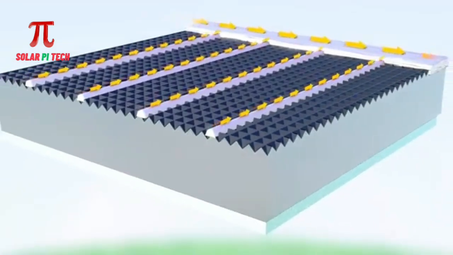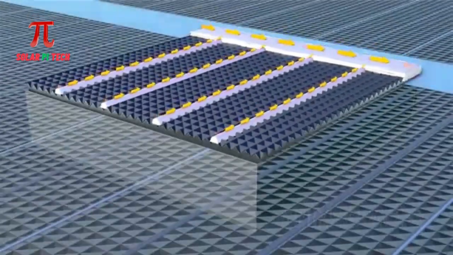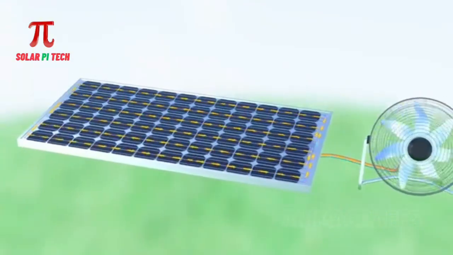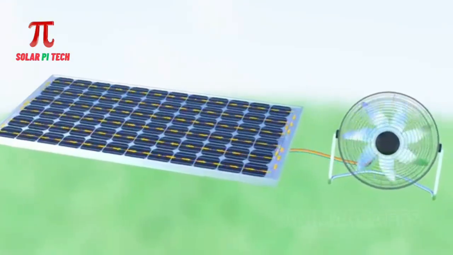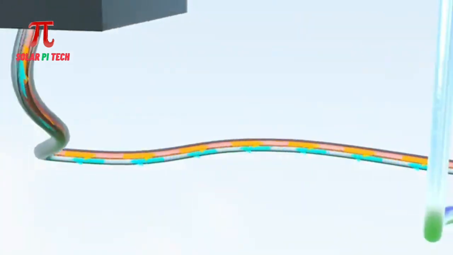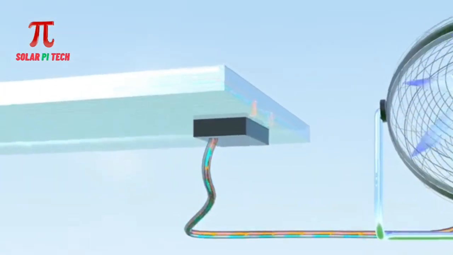Excited electrons travel out of the cell and through an external circuit where they exchange this newly gained energy to do work. The spent electrons return to the cell, ready to absorb more photons.